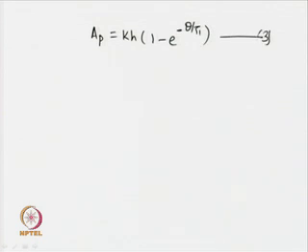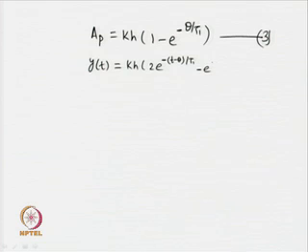So, this is third, and furthermore, we have obtained an expression of the form y(t) is equal to K h (2 e to the power minus (t minus theta) upon T1, then minus e to the power minus t upon T1 minus 1). Let this be equation 4.